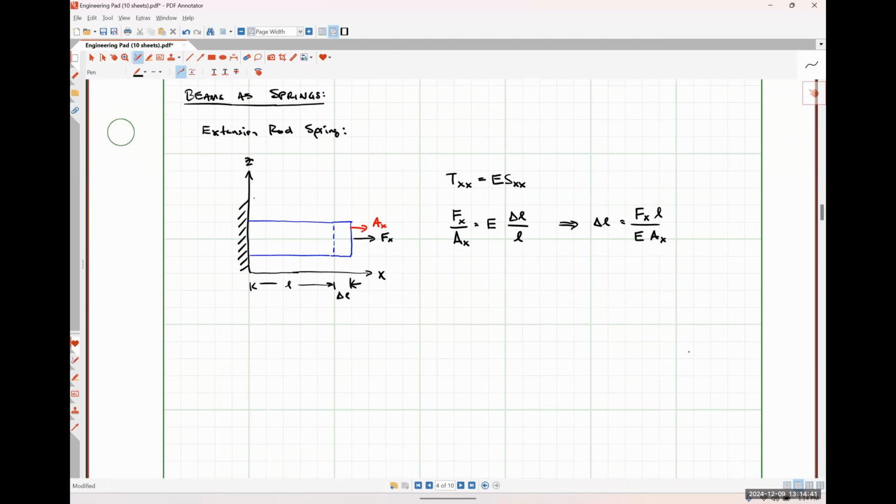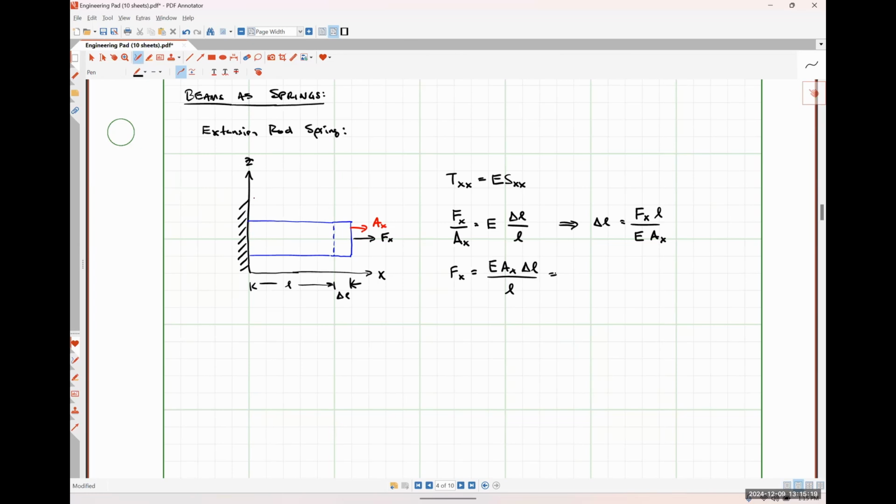We could also, for what it's worth, rearrange this to solve for our force, okay? And the reason why I want to do this will be obvious in a moment. So our force would be Young's modulus times our cross-sectional area times our change in length divided by our nominal length. Okay? The reason why I'm putting it in this particular form is because if I'm going to treat this thing as a spring, I want to make it look like Hooke's law as much as I can so that I can figure out what my spring constant is.